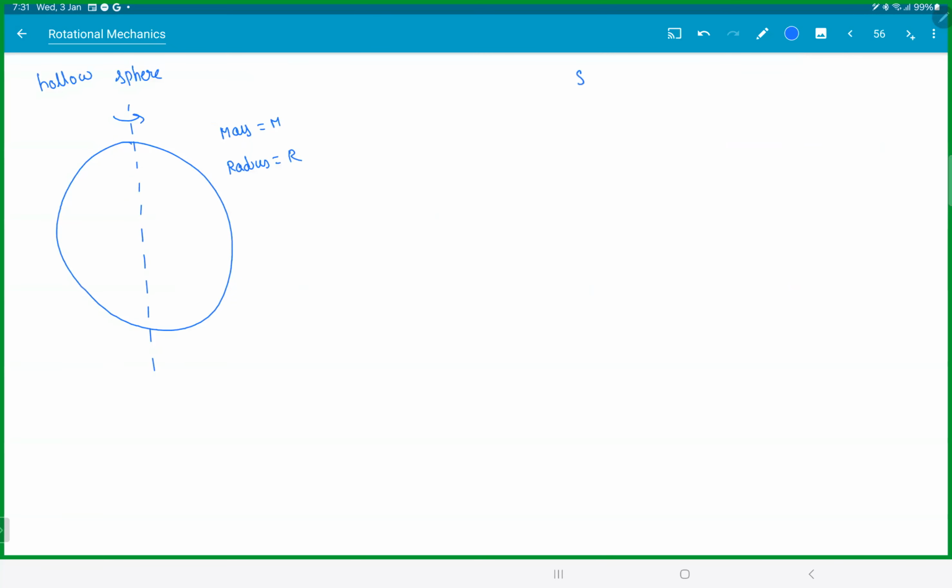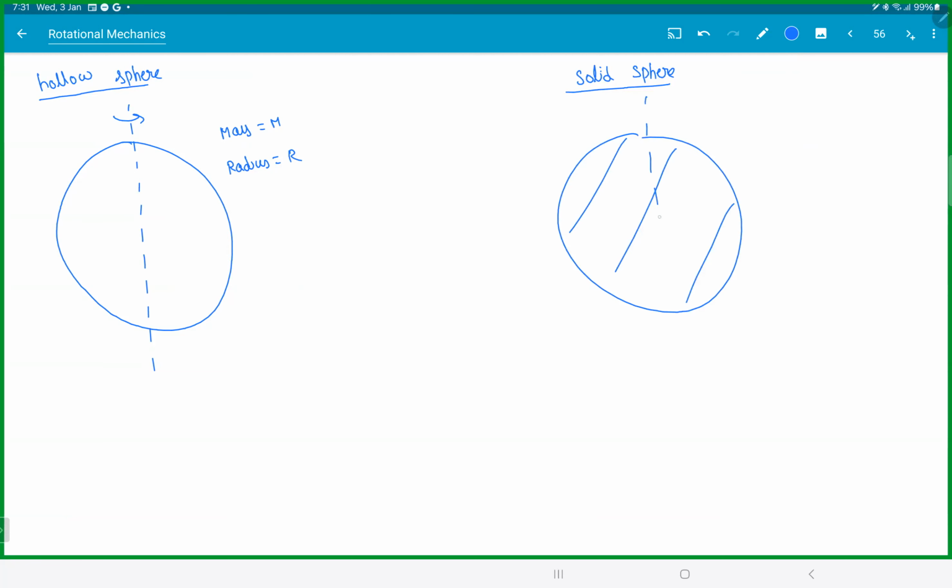Hollow sphere and solid sphere. Let's get these two. Let's do the hollow sphere. I get that the solid is a little easy only. Hollow is nice.